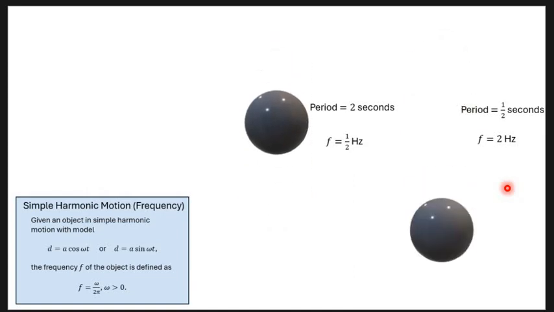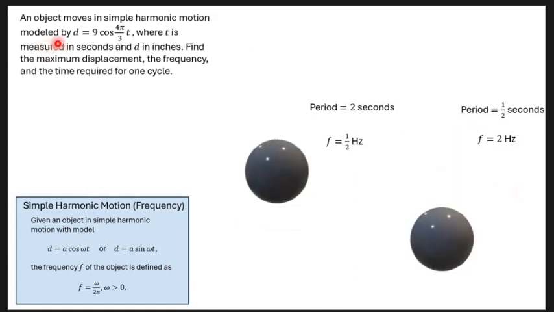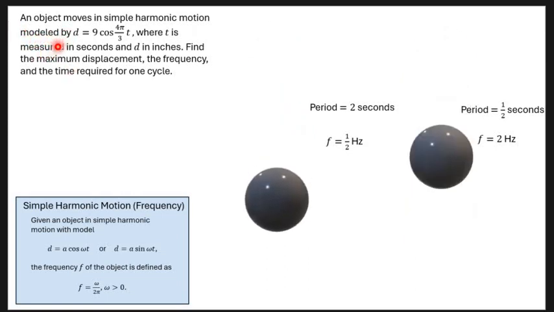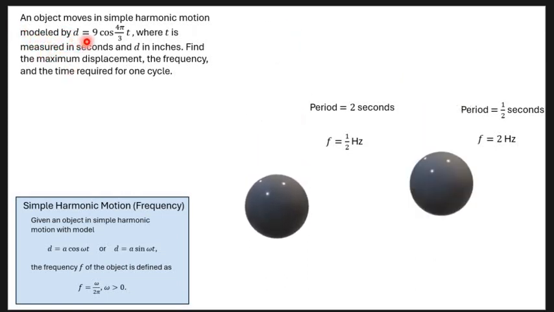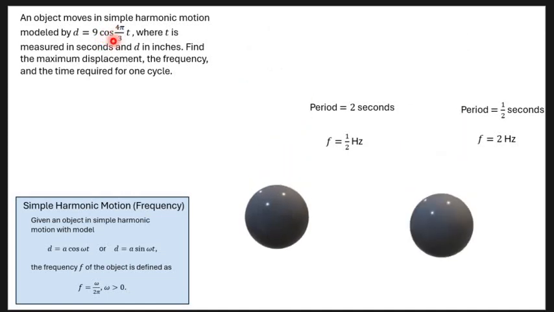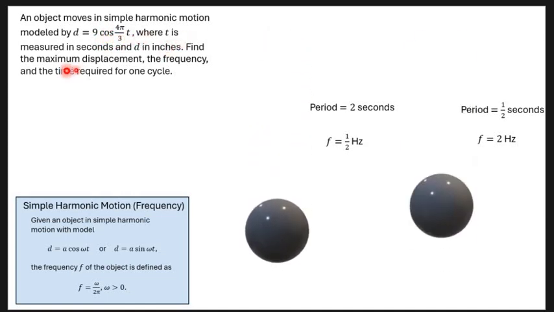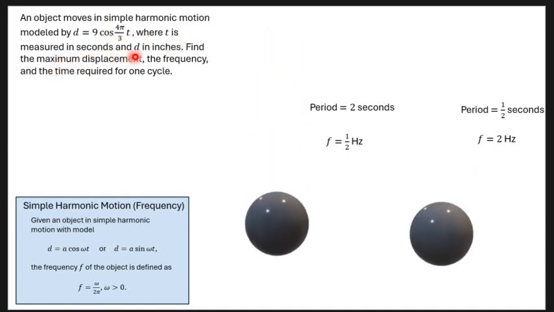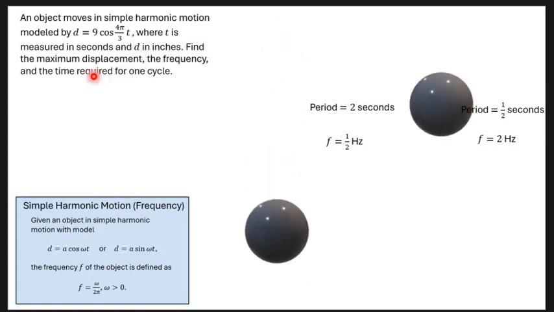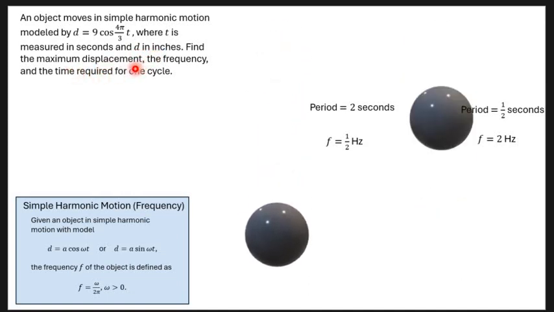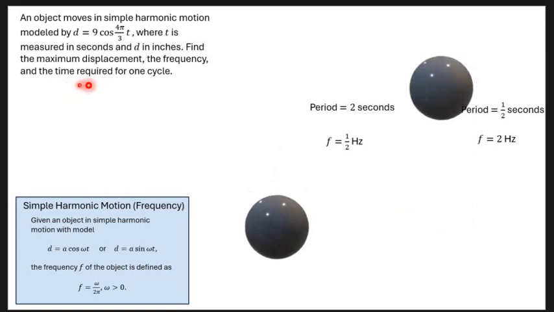Let's take a look at an example. An object moves in simple harmonic motion modeled by the equation d equals 9 times the cosine of 4 pi over 3 t, where t is measured in seconds and d in inches. Find the maximum displacement, the frequency, and the time required for one cycle.